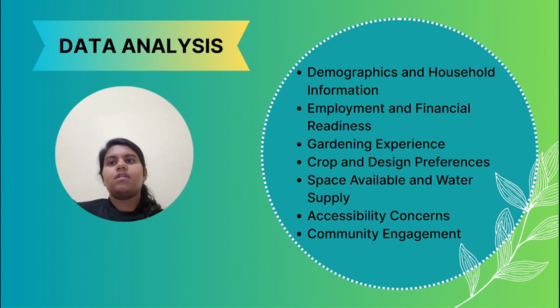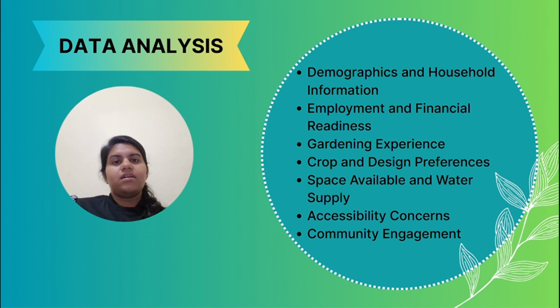With respect to having gardening experience, 46.6% of the respondents are beginners in gardening, and this highlights the need for a simple, user-friendly system that's also low maintenance and cost-effective.